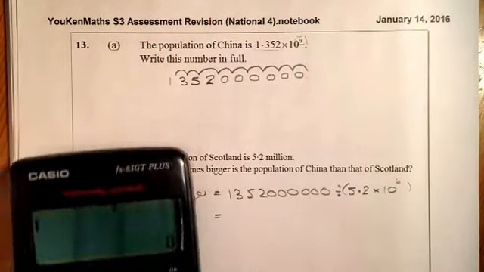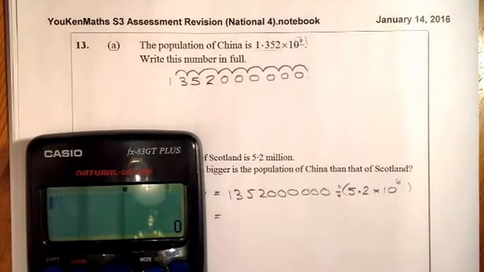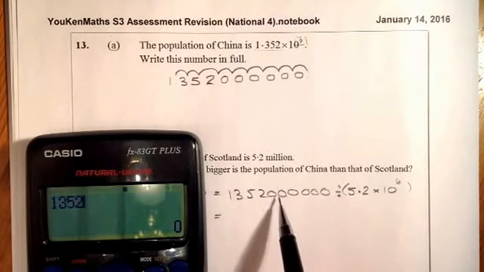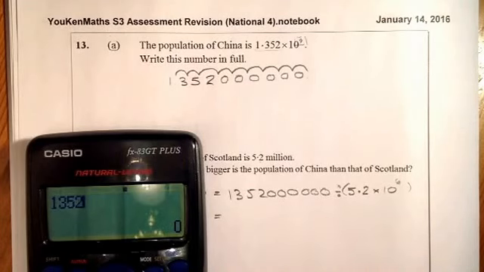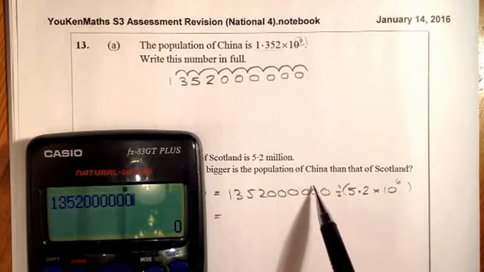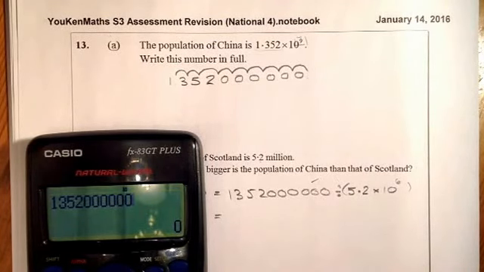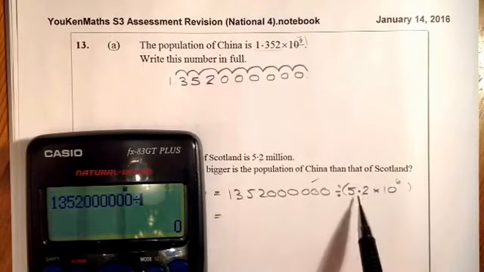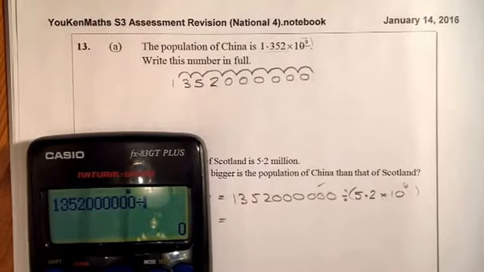Let's see if that fits into the calculator first of all. So I've got 1, 3, 5, 2, and then I've got 1, 2, 3, 4, 5, 6 zeros. So let's see if that works in. 1, 2, 3, 4, 5, 6. So that fits into the calculator that way. So I'll just use that. I'm going to then divide by 5.2 times 10 to the power of 6.